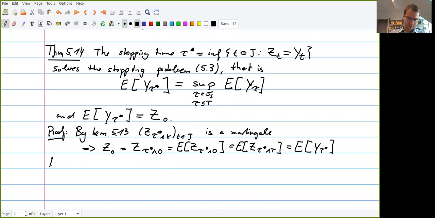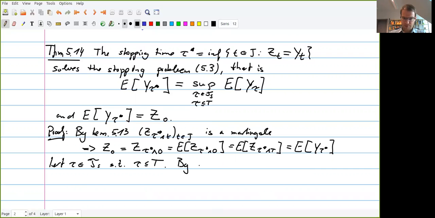And now let us take a stopping time, bounded by T. So this is one of the set among which I want to maximize.